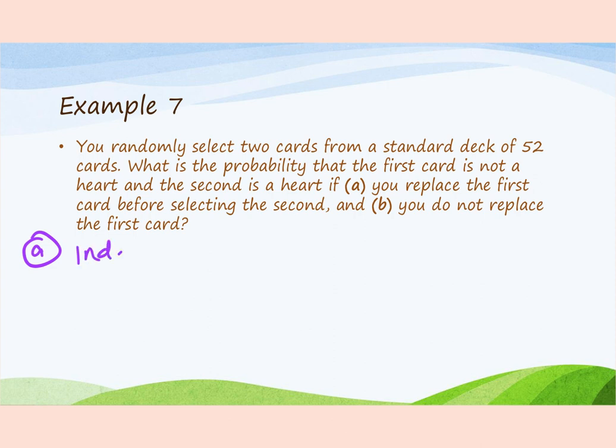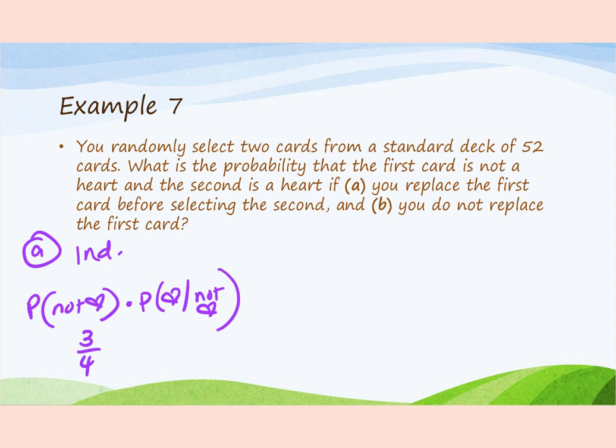So I want the probability the first card is not a heart and the second one is a heart, given you pulled not a heart the first time. So that's 3/4. So the probability it's not a heart is 3/4. Good. Because it'd be everything but the 13 hearts.